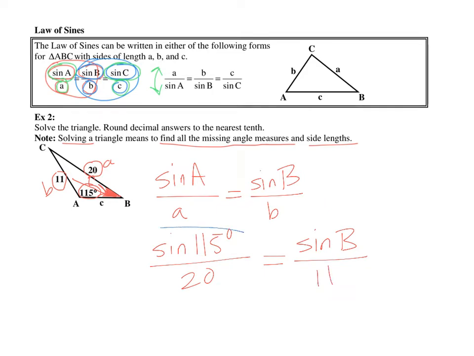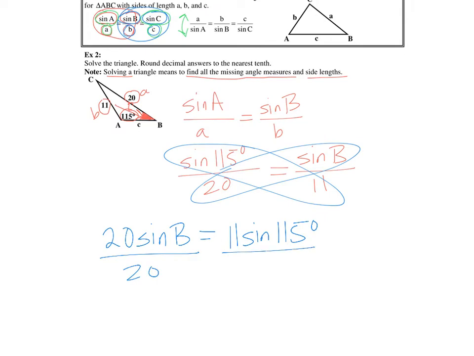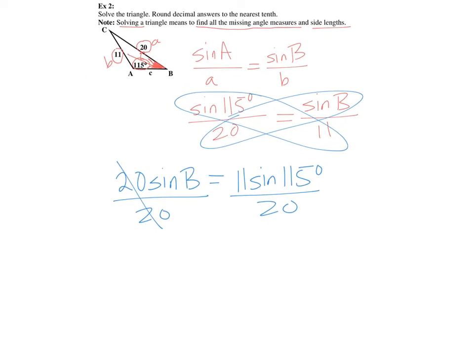I'll cross and multiply now, and I get 20 sine of B is equal to 11 sine of 115 degrees. Then I divide by 20. Now I have sine of B is equal to 11 sine of 115 degrees over 20.